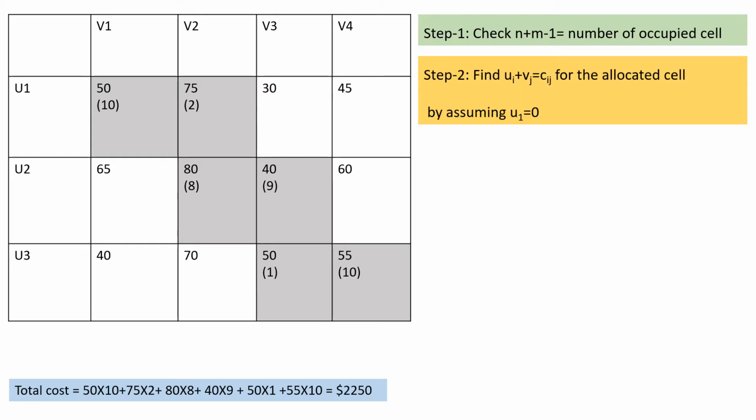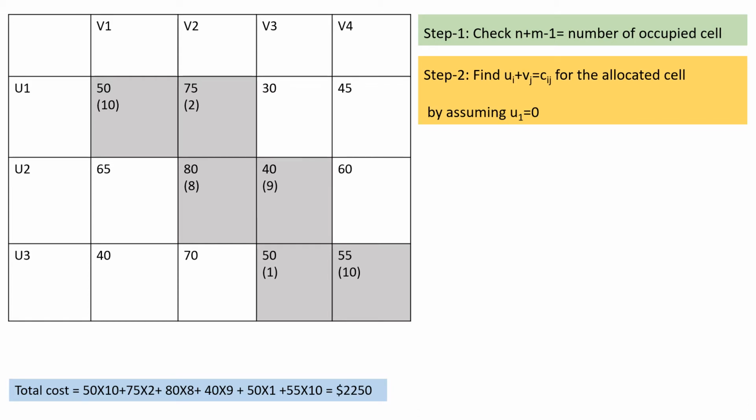The next step is to find Ui plus Vj equals Cij for the allocated cells by assuming that U1 equals 0. By the way, these are U1, U2, U3, and V1, V2, V3, V4, and the Cij are the per unit costs. We calculate for the allocated cells only.